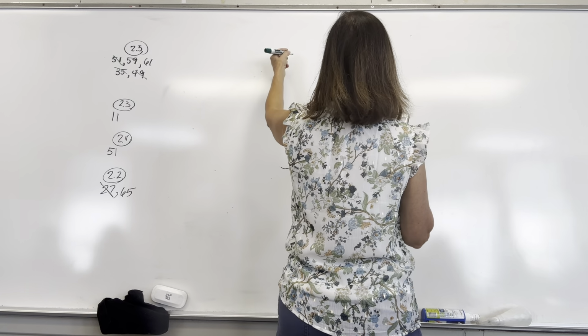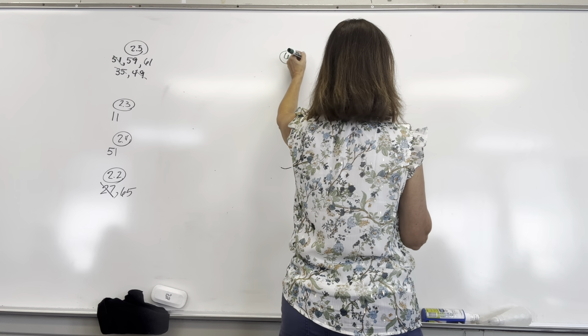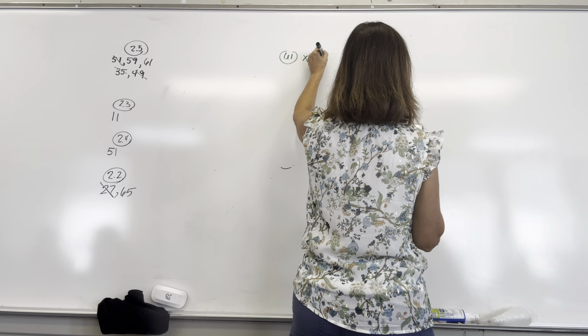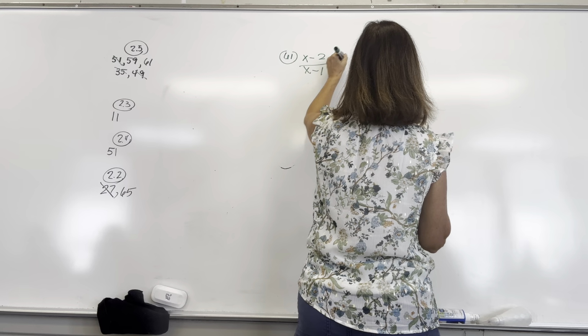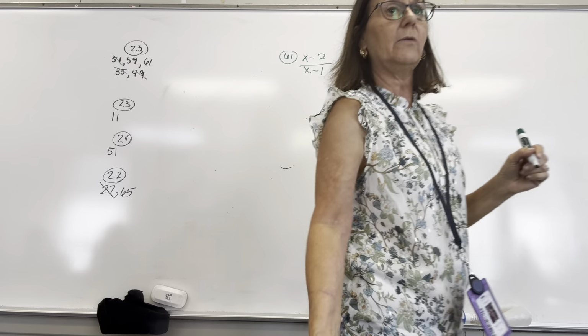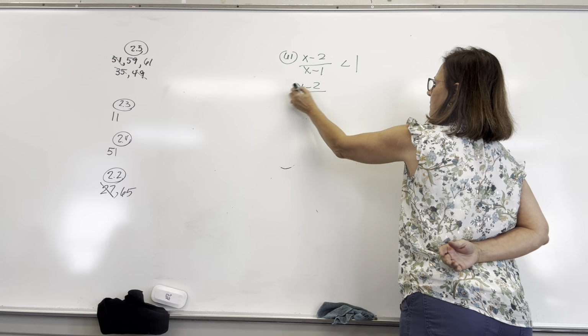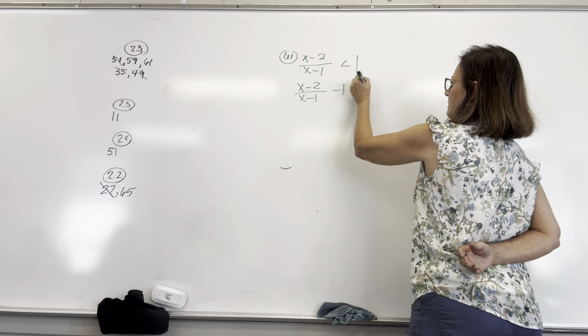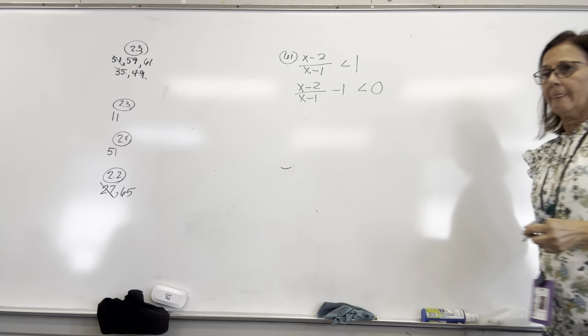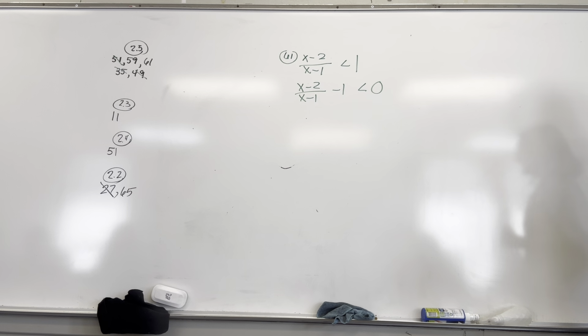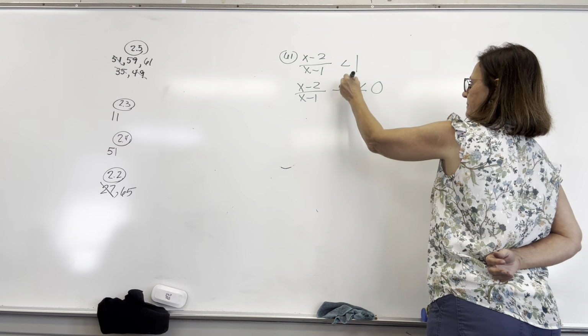All right, but look at 61. It's x minus 2 over x minus 1 less than 1. You always want it set equal to 0. So move the 1 over. Then you want a common denominator.